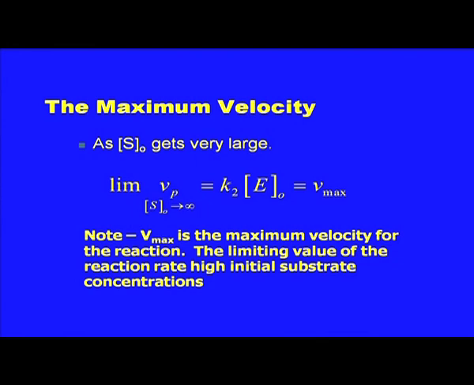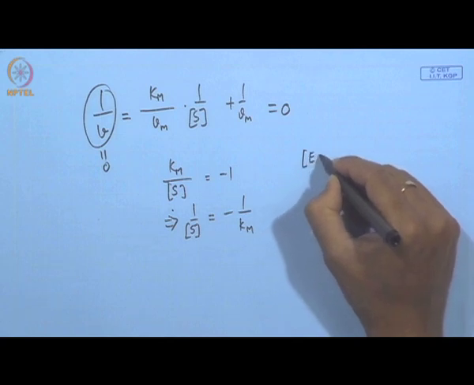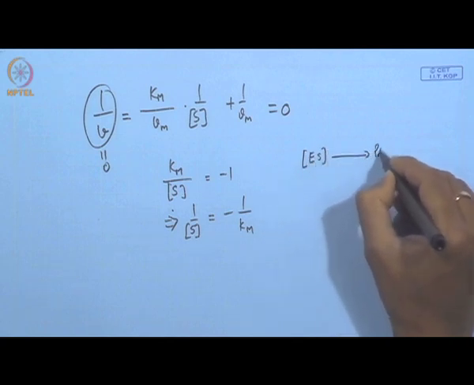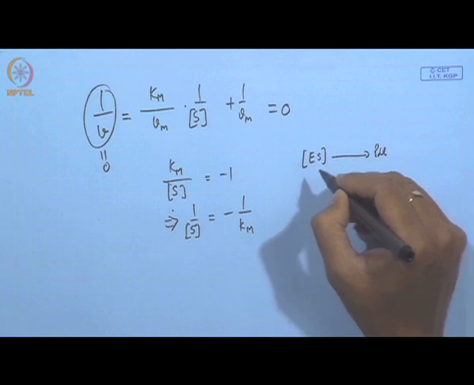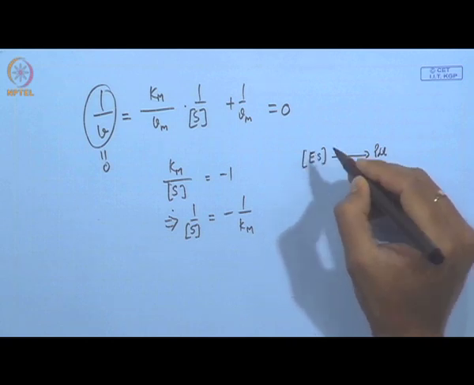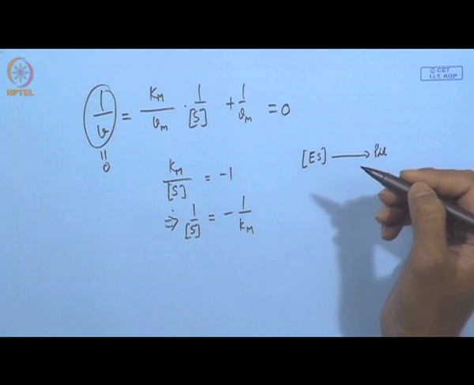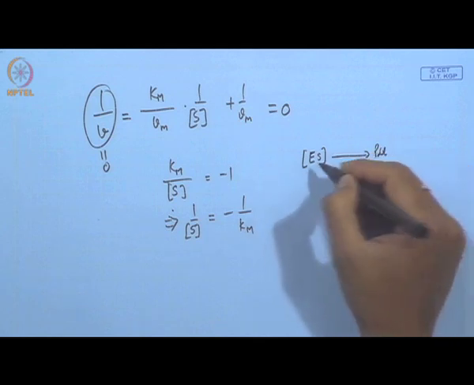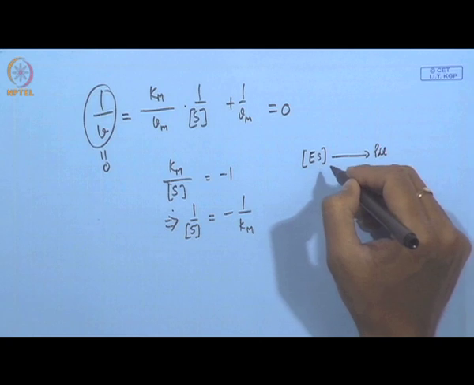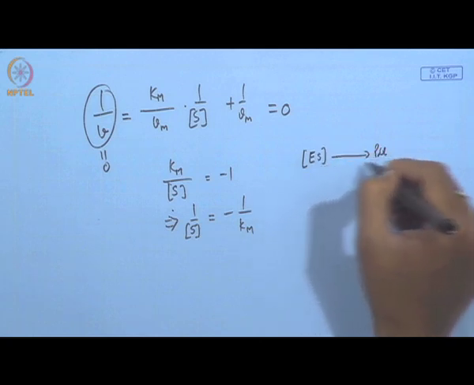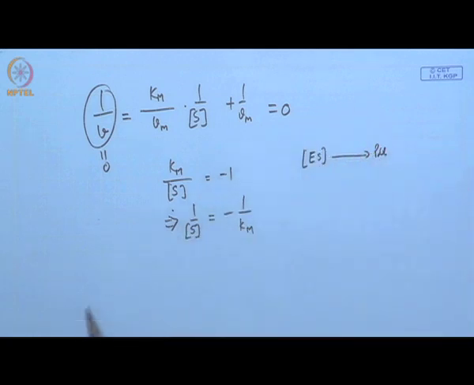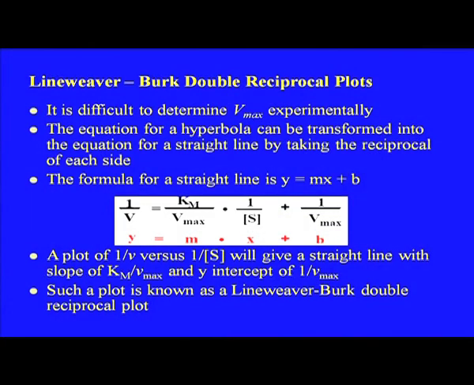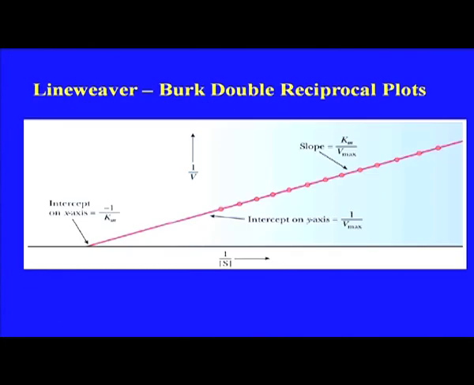Okay, because you see the step in which the product is formed, that is ES to product. So, the more substrate associated with the enzyme to produce ES, the more is the possibility for the product formation. Okay. So, that is why this is your Vmax.